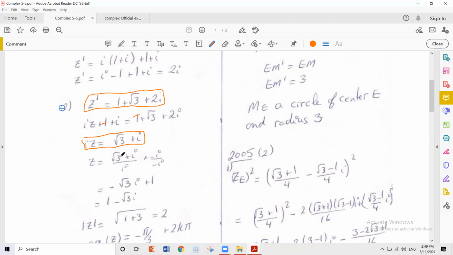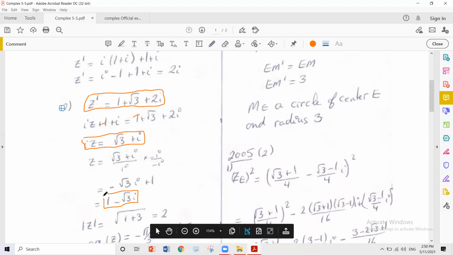It will become radical 3 times minus I, minus radical 3i, and I times minus I is minus I squared, which is plus 1. So it is 1 minus radical 3i.